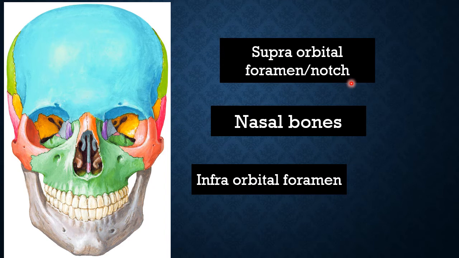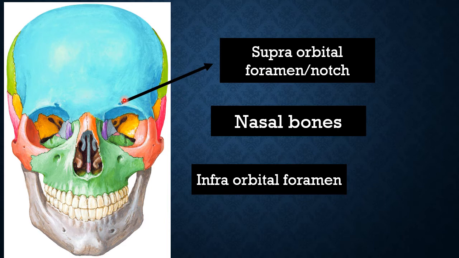So far we have discussed the lateral view and the inside of the skull cap. Now we are going to see the anterior aspect, norma frontalis, and what questions they usually ask from the skull. The first one is the supraorbital notch or foramen. Just above the orbital cavity, if you find a notch, that is the supraorbital notch.